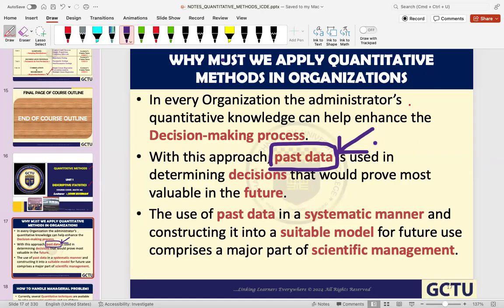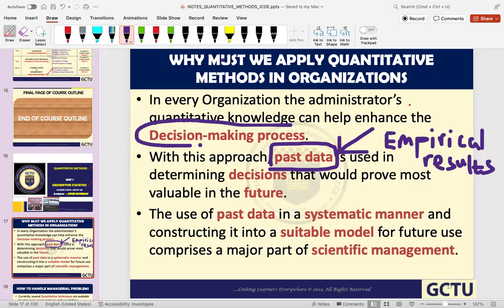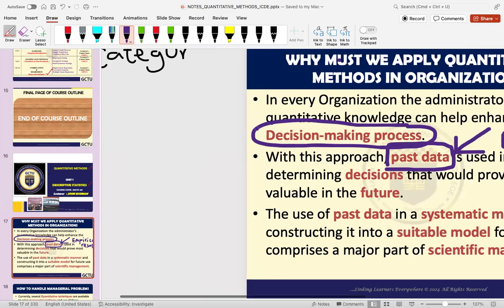That is, there will be evidence. You have empirical results or evidence that you need to do something. And then out of the empirical results, you will be able to complete your decision-making process. Let me give you an example.